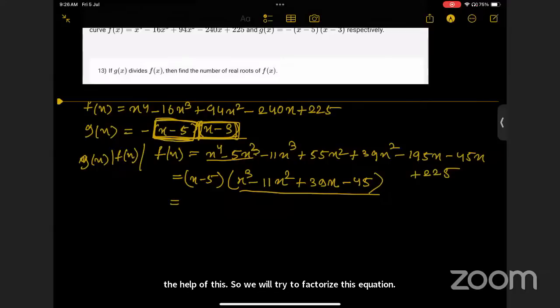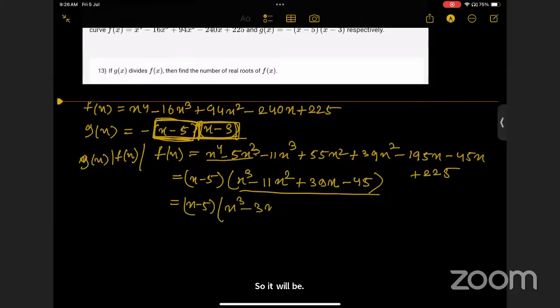So we will try to factorize this equation with this. So it will be x cubed minus 2x squared minus 8x squared plus 24x, right?